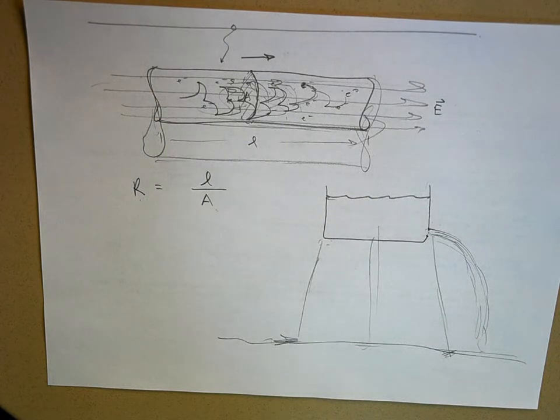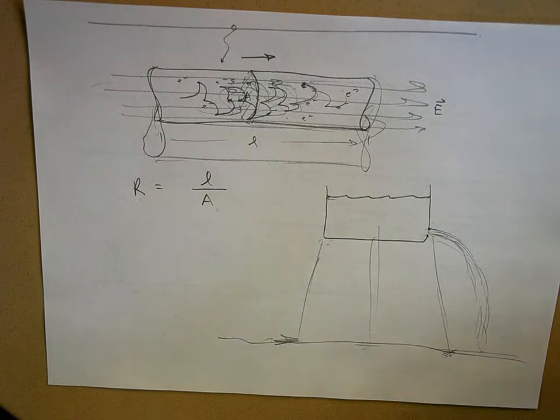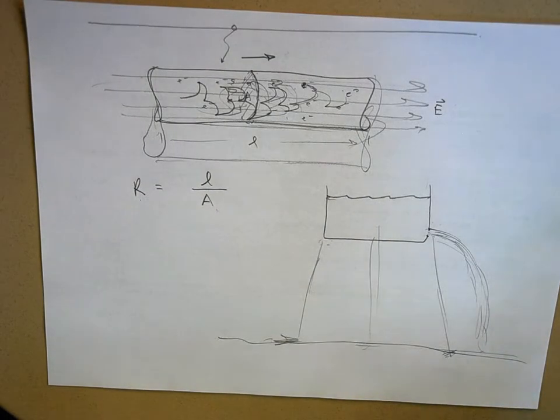Now let's keep everything uniform. Now there's one other thing I can change about the wire. I can change what the wire is made out of, right? What the wire is made out of. Because all materials, especially conductors, have a little bit of resistance to them, and how much resistance a particular material has is a property of that material that we call resistivity, rho.